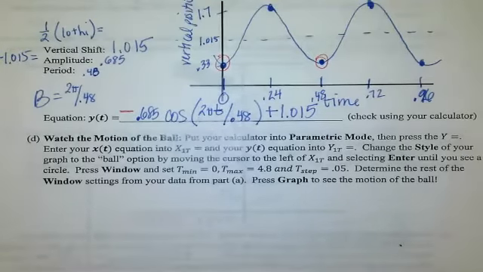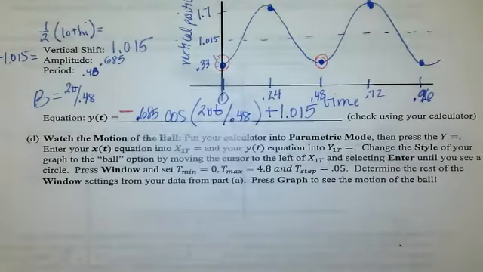And what we can do then is do what's called a parametric mode. There's a pair of equations, and those two equations together give you an ordered pair, x and y, all in terms of time. So we can actually watch this motion in terms of time.